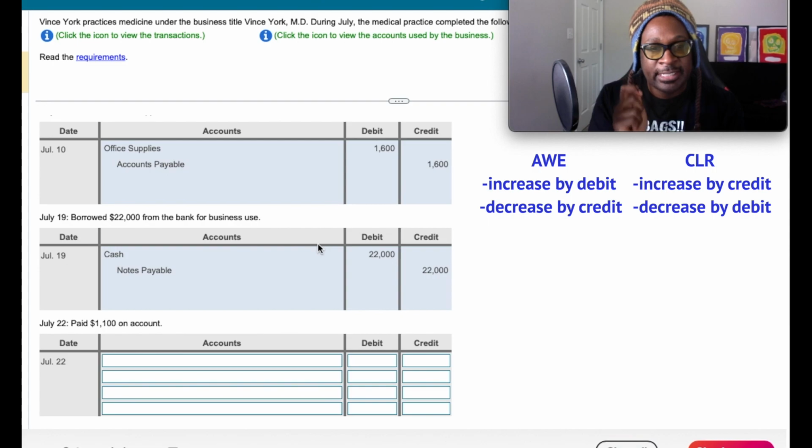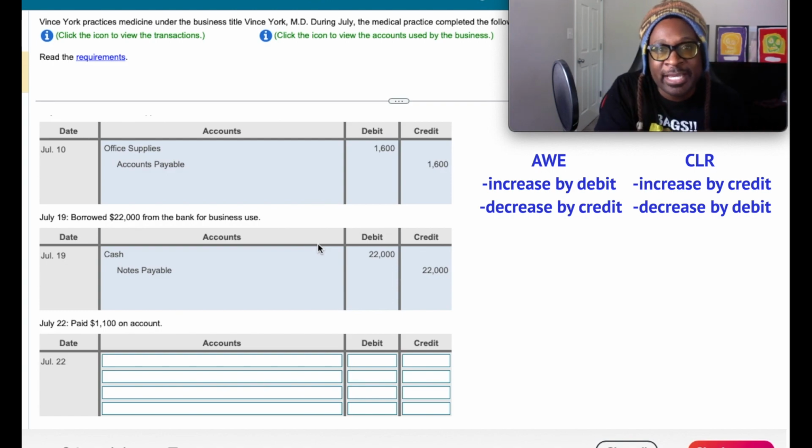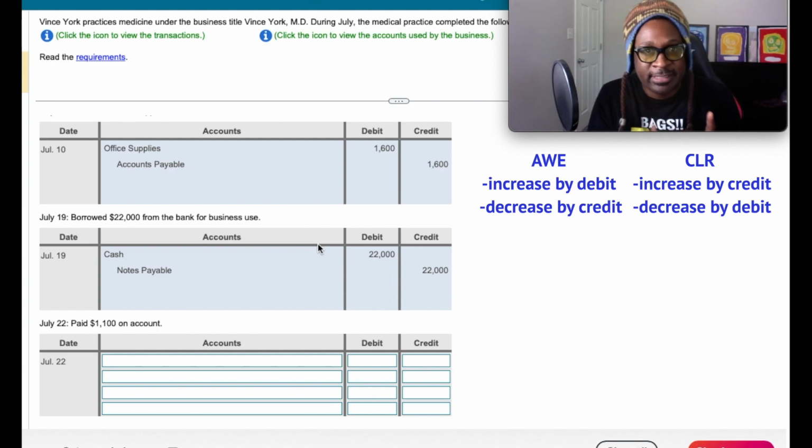Next, we paid $1,100 on account. Keywords, paid on account. What happened here, gang? Always when we see paid and the company is paying, cash is going down. Since it's an asset and a part of the all gain, we're going to credit cash. Most of the time, if the company is paying, you always credit cash. However, we paid on account. What type of account, gang? Accounts payable. Last name payable makes it a liability, which makes it a part of the clear gain.